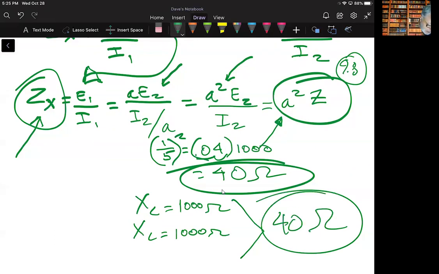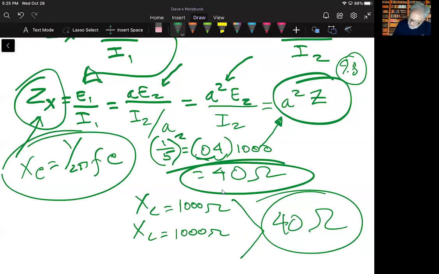And then the last thing he says there, talking about the 1,000 ohm capacitive reactance capacitor, is that the reactance of a capacitor is inversely proportional to the capacitance. Sometimes maybe it helps to relook at some of these old things that we did. The inverse relationship between that and the capacitance, right?